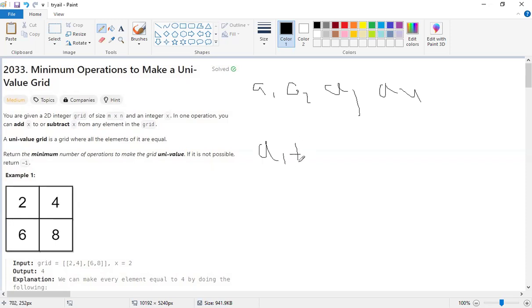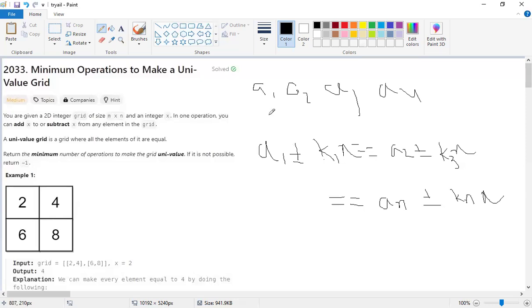Now, what is being asked in this particular problem is that A1 plus or minus, you can add it or you can subtract it, whatever you want to do, let's say K1 times X, multiplied with that, should be equal to A2 plus or minus, and this constant will be different for A2, times X. Similarly, this is equal to so on, and for An, we have An plus or minus Kn times X. So we want to make this condition true.